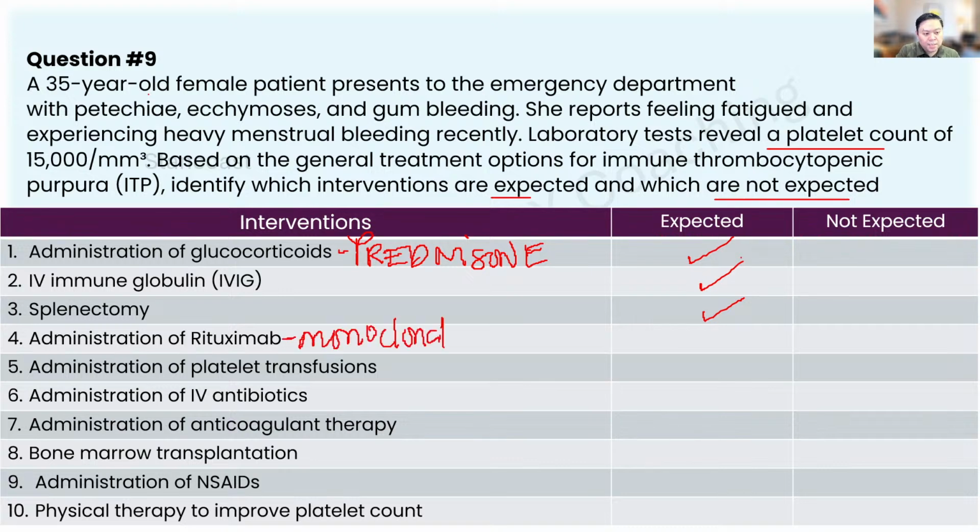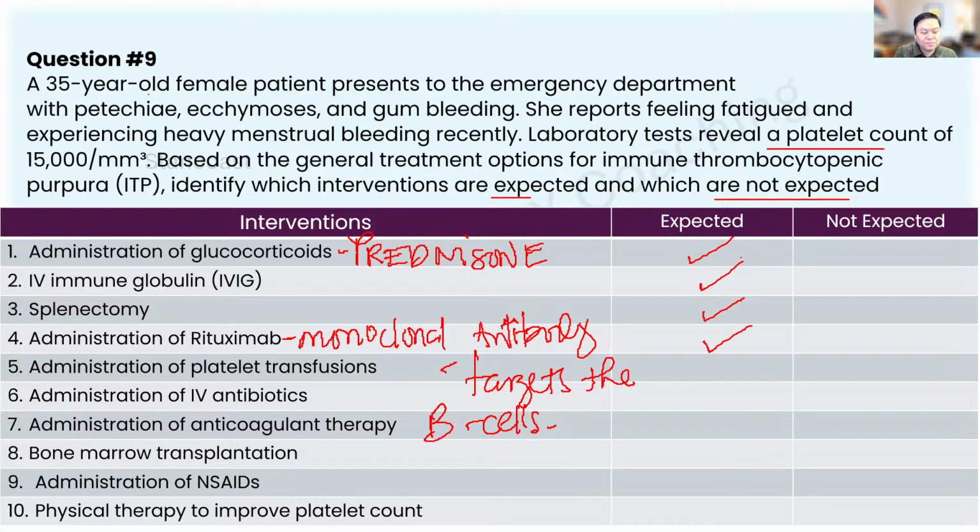Monoclonal antibody therapy that will target the B cells that are attacking the platelets. So this is going to be an expected treatment.